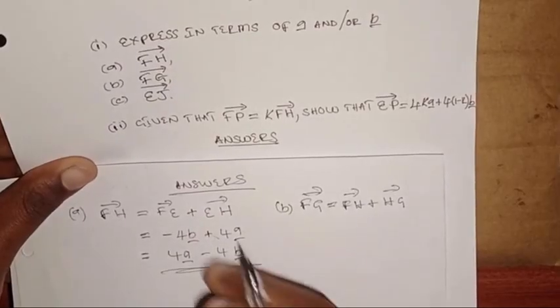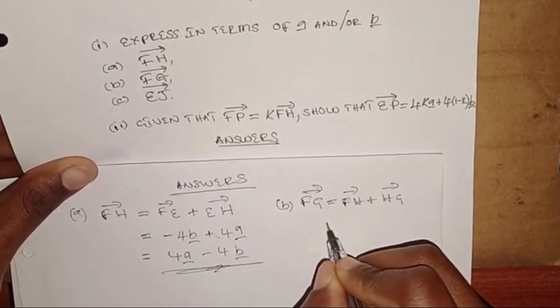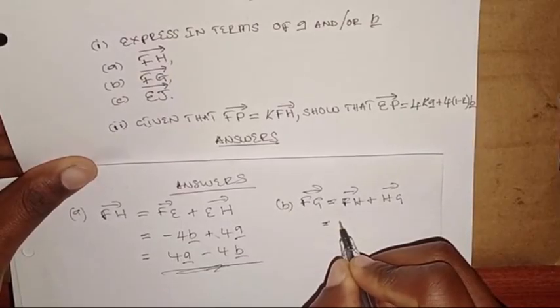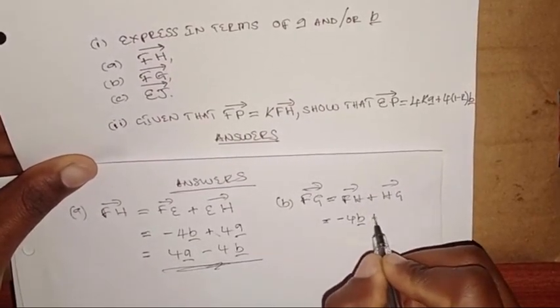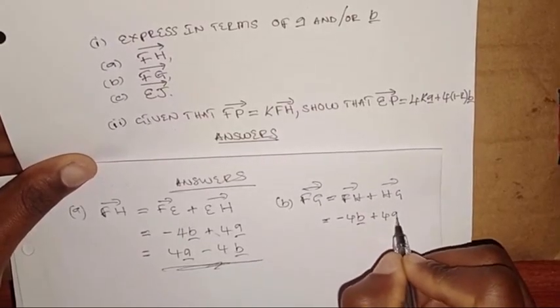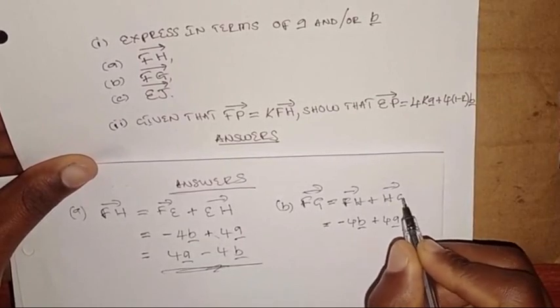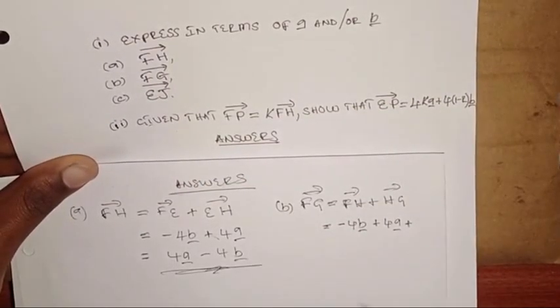So I'm just going to pick this one to simplify things, and it's going to be minus 4B plus 4A plus, we need to add the HG. So now we need to add HG.